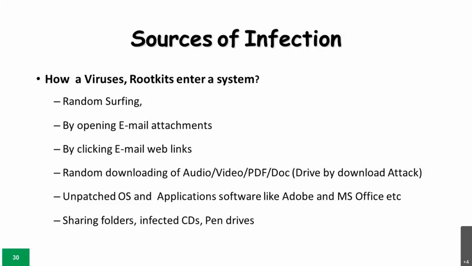Other websites can provide a way for viruses to enter our systems. Sometimes we are prompted to update our OS or applications. We need to update the software and applications in our system regularly so that viruses do not enter our system.